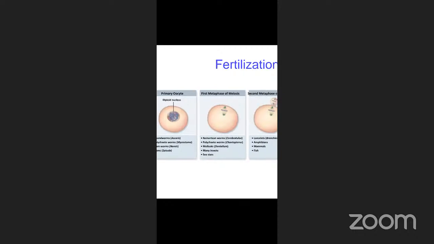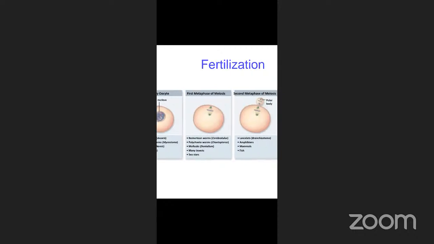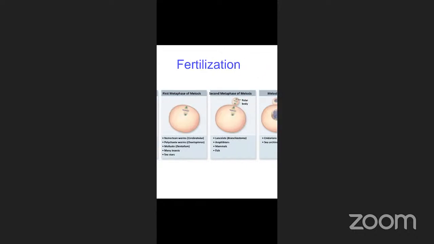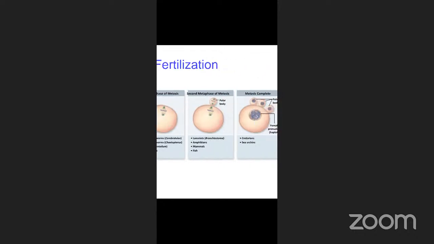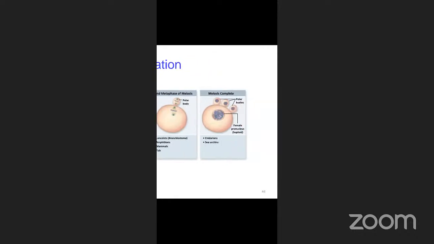Oocyte is nothing but the egg. Then it enters cell division, first metaphase, then second metaphase, and it will get blocked in the metaphase of the second meiotic division. And we get the pronucleus, which is haploid. Now this pronucleus will participate in the fertilization.